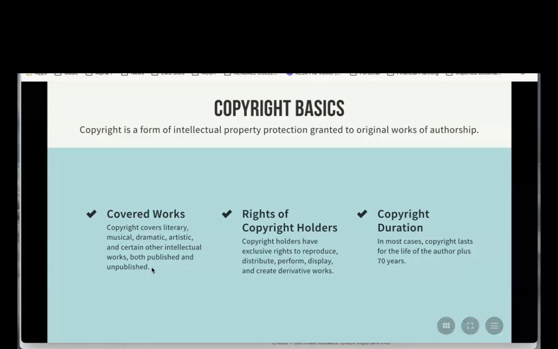It covers anything, anywhere that's ever been written or created. It gives copyright holders the exclusive right. They're the only ones that have the right to reproduce, distribute, perform, display, and create derivative works, unless permission is directly given. In most cases, copyright lasts about the life of the author plus about 70 years.